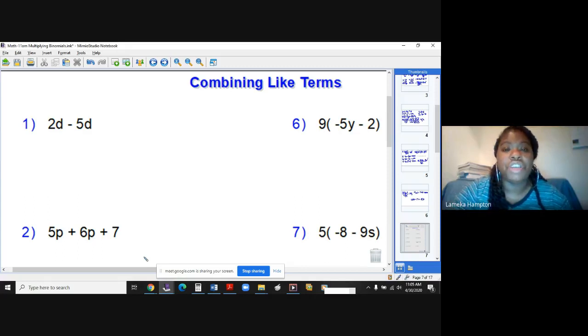I'm just going to do a recap of what we've done this week. Basically, all this week we have been discussing like terms and unlike terms, how to add them, subtract them, multiply them, and divide them. Some of them you can't add or subtract because they're unlike terms, but you can multiply and divide unlike terms.